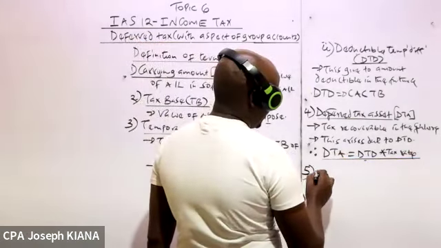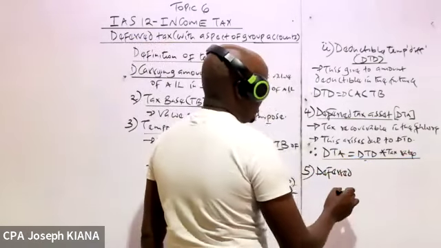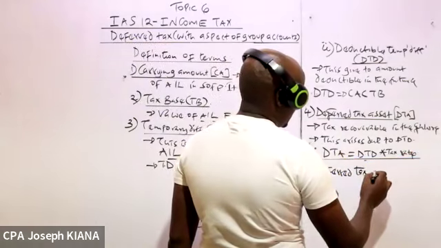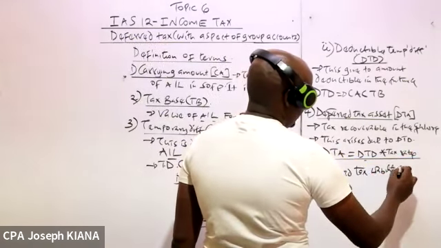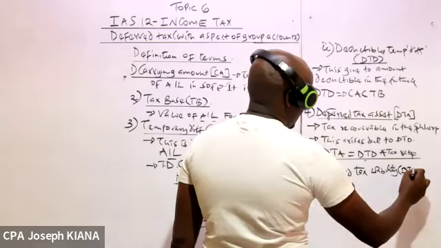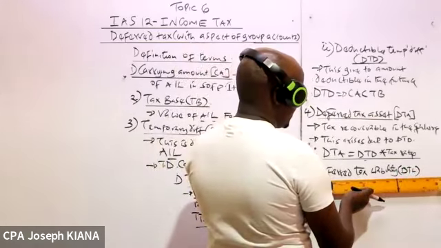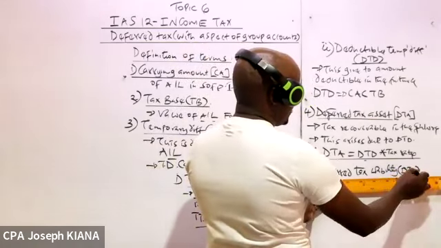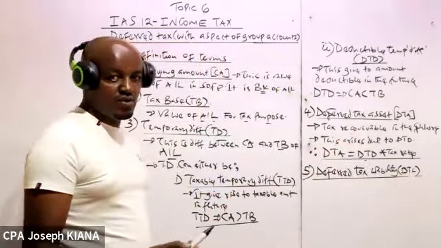The other term we also need to define here is the deferred tax liability, DTL. A deferred tax liability, on the other hand, is a tax which is payable by the company in the future. It is the direct opposite of tax recoverable.